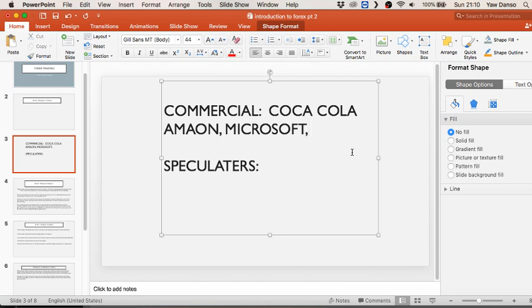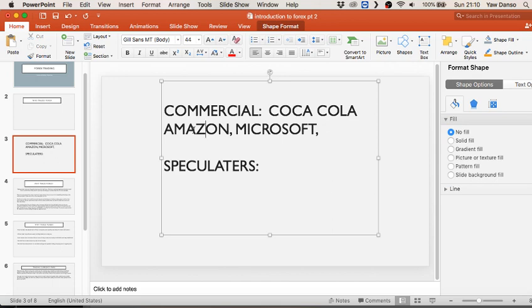I guess you guys know where I'm going with this. So big commercial companies are in the market not because they want to make money. They are in the market because they have to be there.